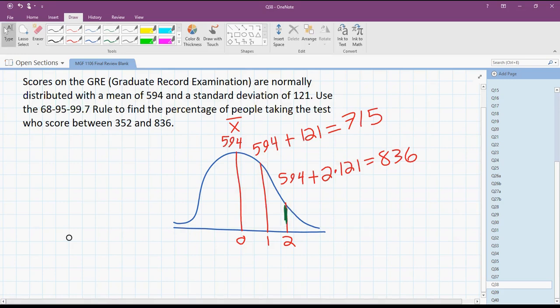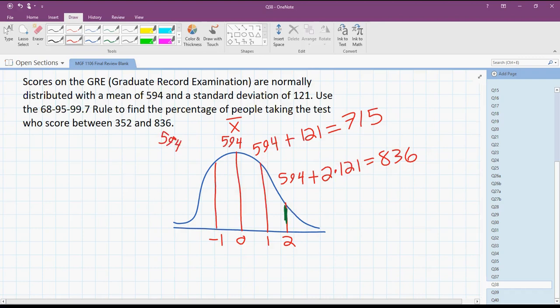Now all we're going to do is reverse it. So where am I there? Below, right? By 1. So we're going to take 594 and do what to it?